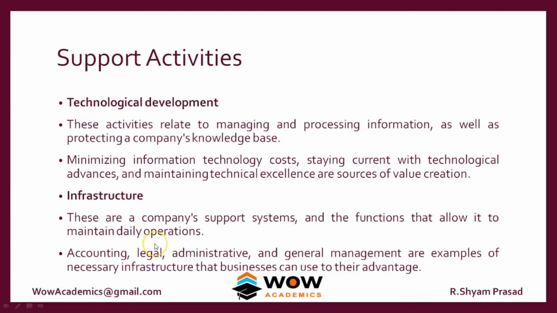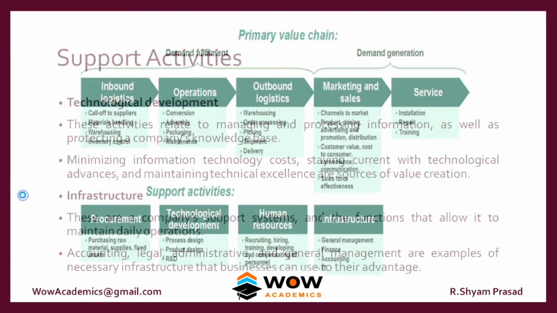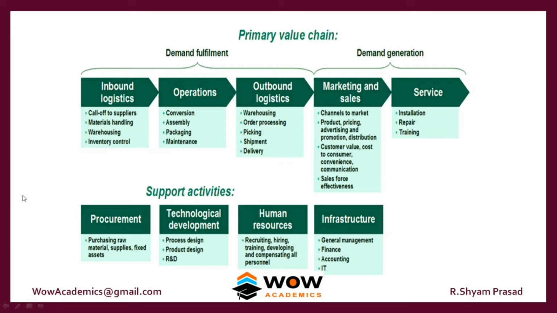These are essential services to run the company, such as accounting, legal, administrative, and general management, examples of necessity infrastructure that businesses can use to their advantage. Through this picture, you will get a nice idea about how the entire value chain works. You can have a look at it.